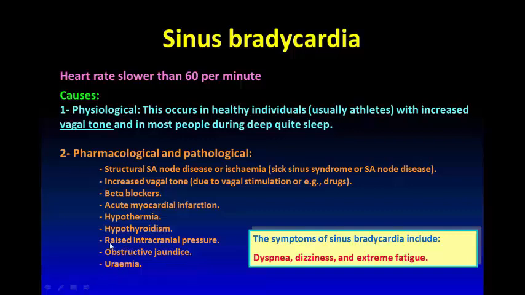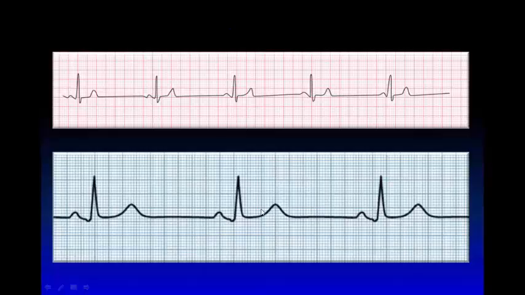And we have explained the mechanism of sinus bradycardia when the intracranial pressure is raised in the 2 lectures on arterial blood pressure. The symptoms of sinus bradycardia include dyspnea, dizziness, and extreme fatigue. Now let's see how sinus bradycardia appears in the ECG.